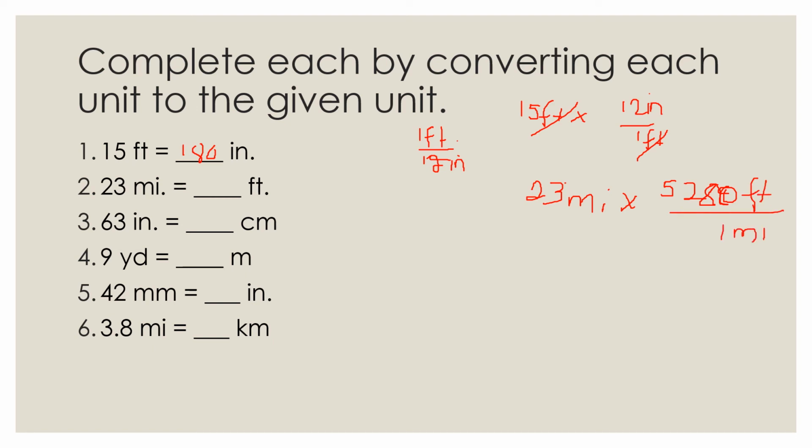So we cancel this. Then multiply 5,280 times 23. The product is 121,440 feet. Okay, easy, right?